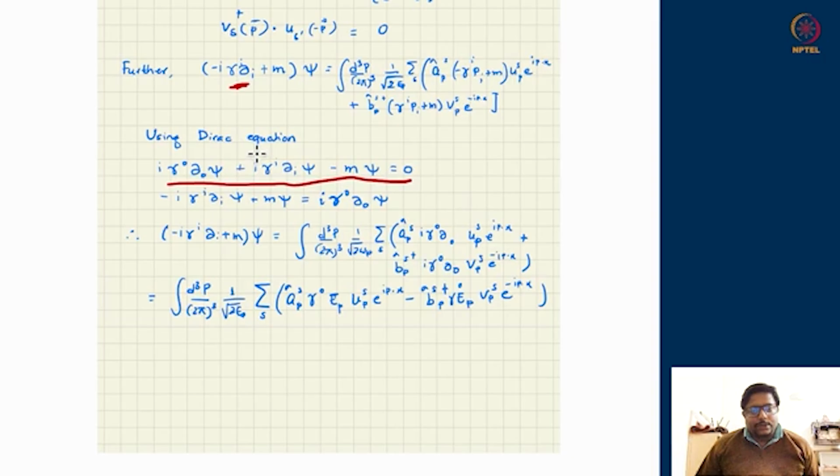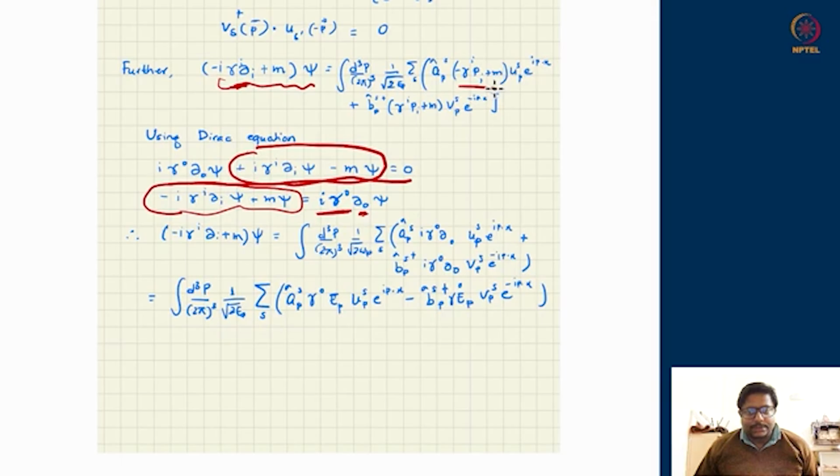Therefore, the part I am interested in is the negative of minus i gamma naught del naught psi. So the part I am interested in over here is just this, i gamma naught del naught psi. So the action of all this operator is equivalent to the action of i times gamma naught times the temporal derivative.